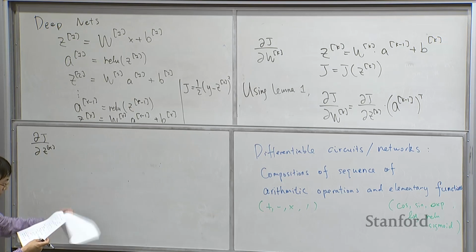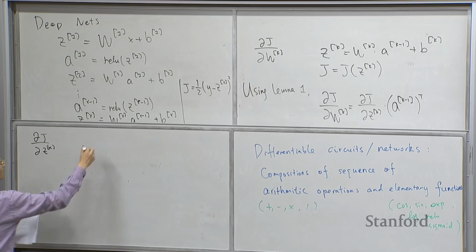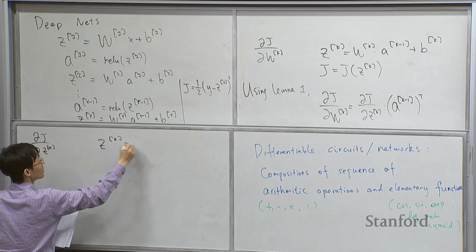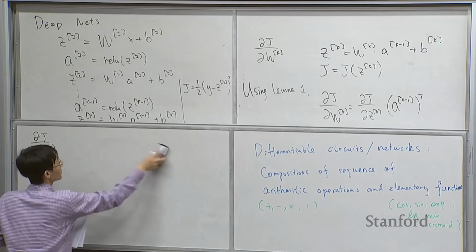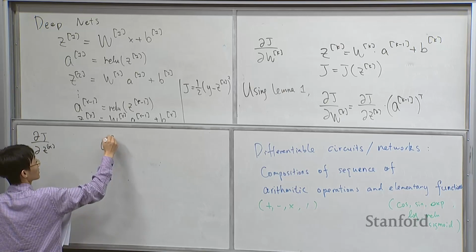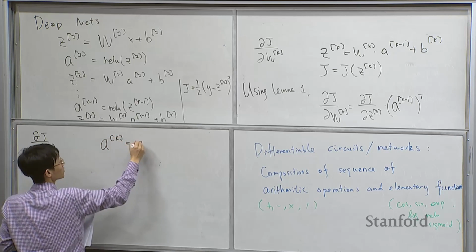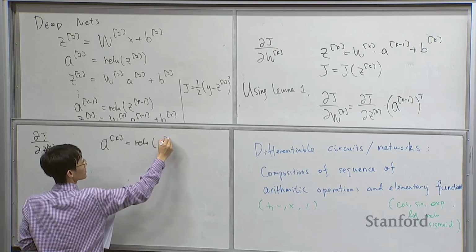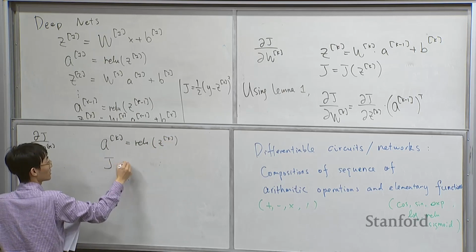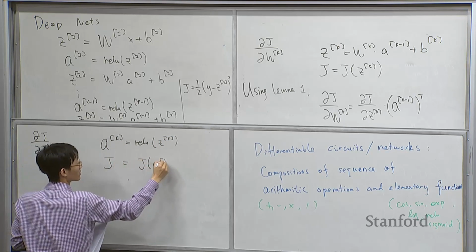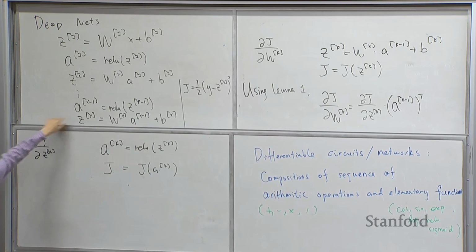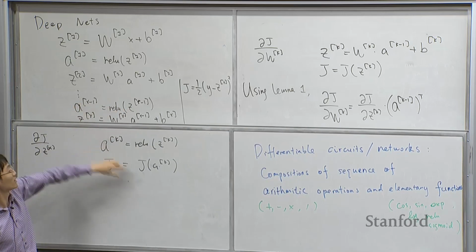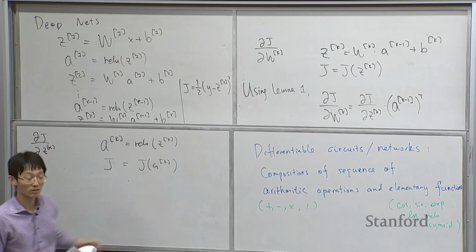ZK is involved directly in the following way: AK is equal to ReLU of ZK, and then J, the loss, is a function of AK. That's the part where ZK is directly involved, because you first go through the ReLU, get A, and then do some computation to get J.